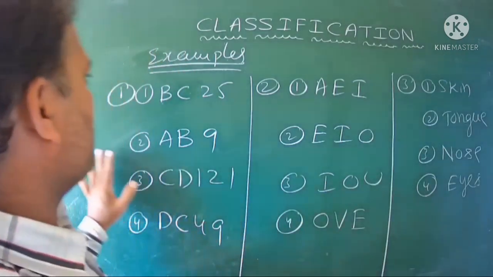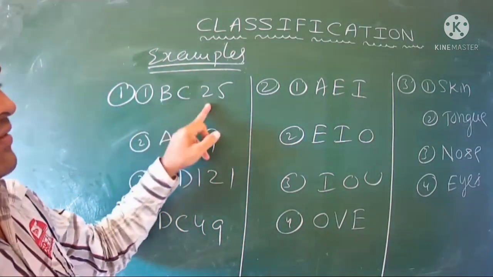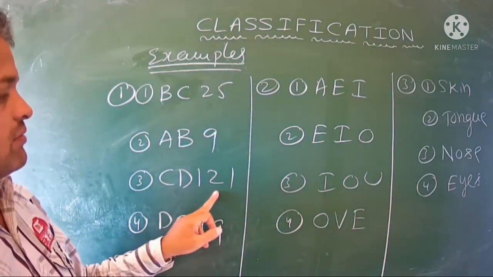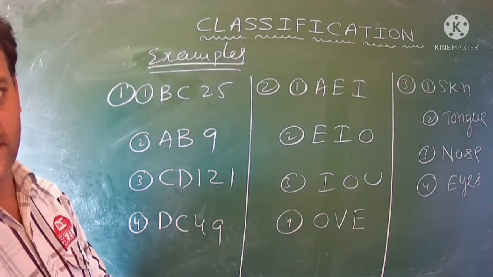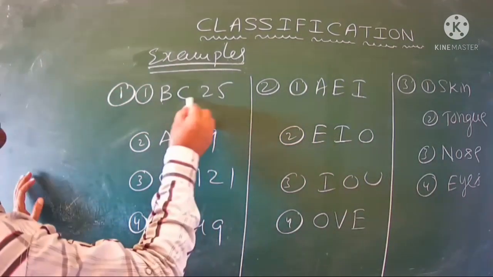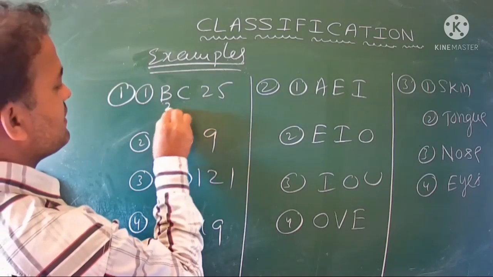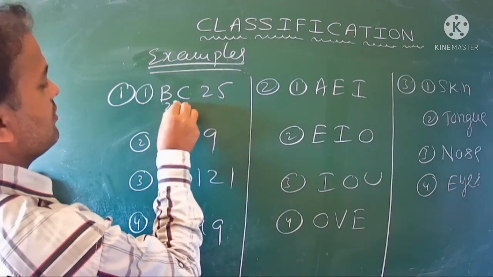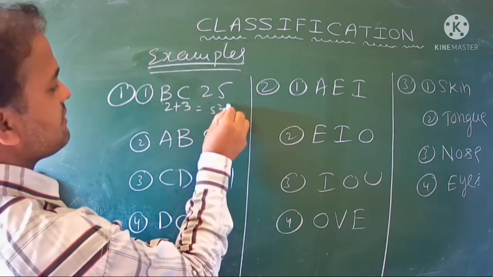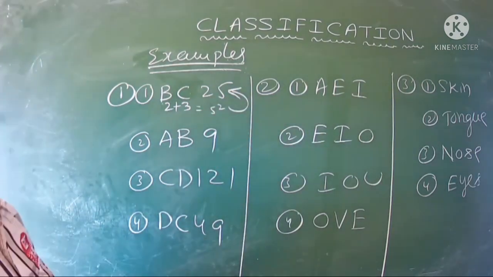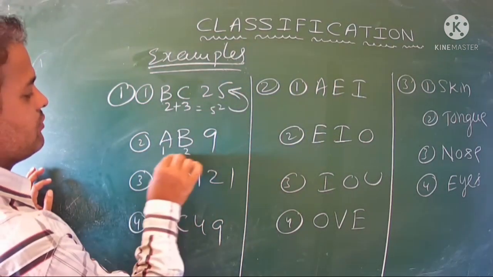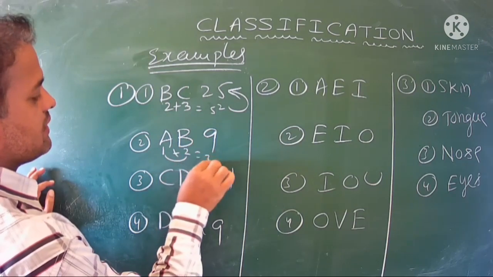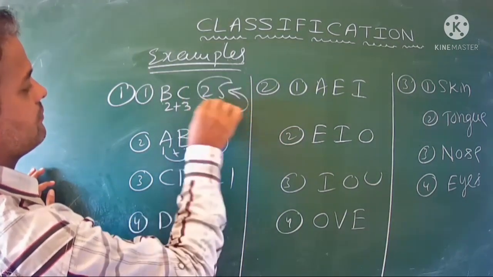See some examples. First example is BC 25, AB 9, CD 121, DC 49. Suppose it is BC 25, what is the relation? B is 2 and C is 3. 2 plus 3 is equal to 5. 5 square is nothing but 25. Suppose it is A1, B2: 1 plus 2 is 3. 3 square is nothing but 9.